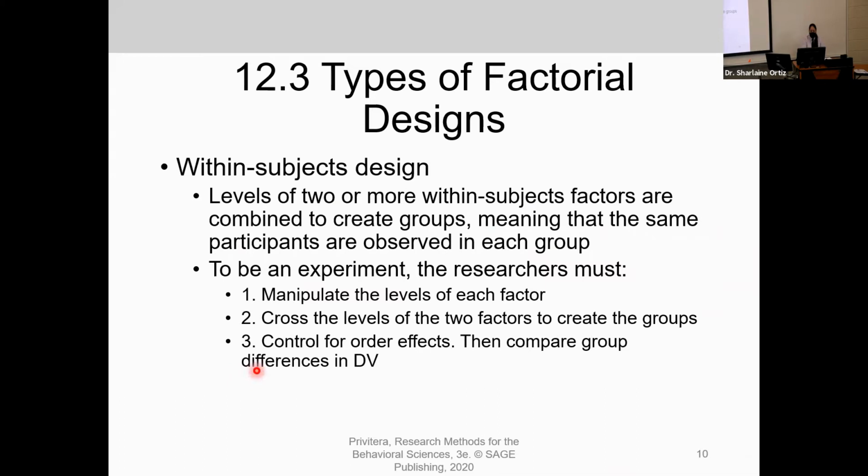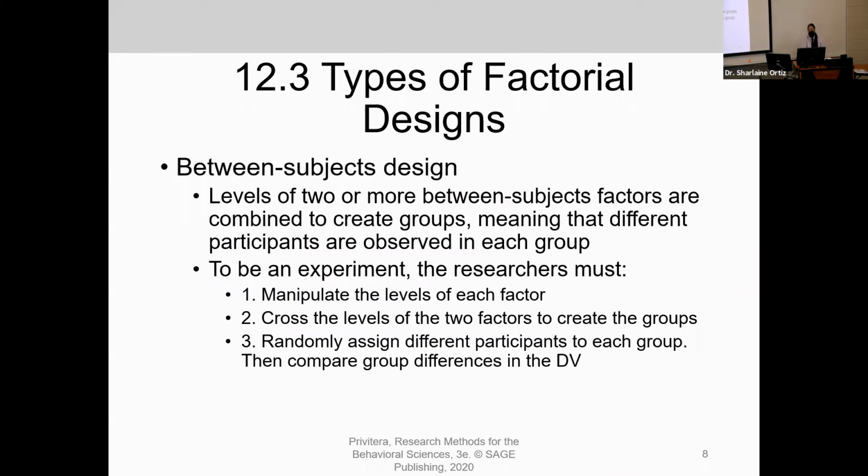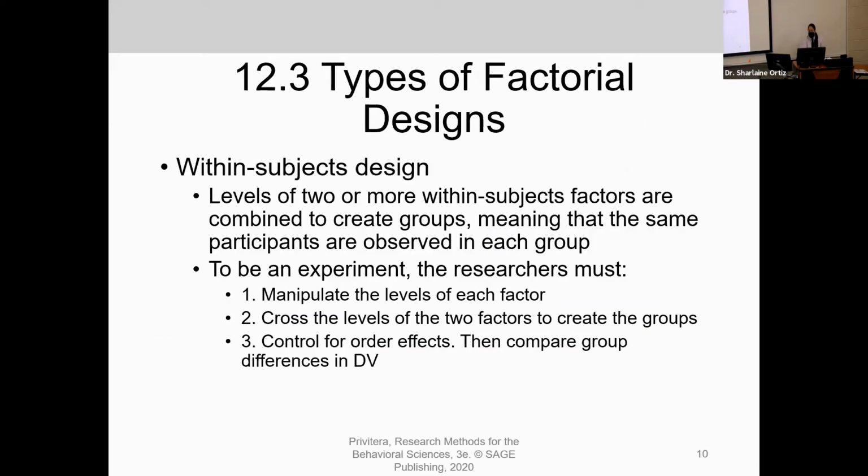Contrary to our previous example, where we were comparing different participants in the groups, so Peter, John, and Jessica in group 1, and then Louise, Jamal, and Peterson in group 2, whereas here it is the same people.